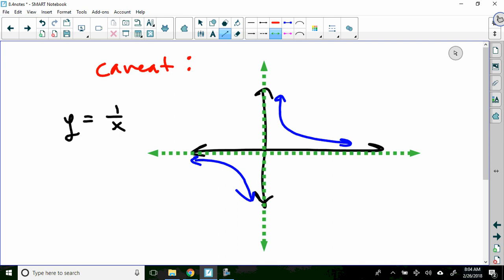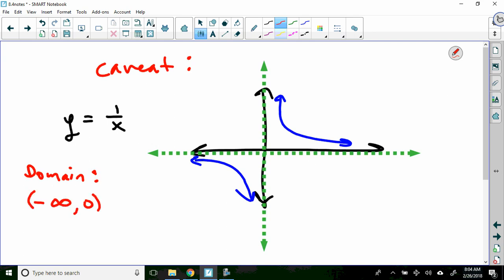It's not important yet what they are. But the deal is, if you think about this, the domain of this is that we go from negative infinity to 0, and then on the other side of that, we pick up again and we go from 0 to infinity. But x can't equal 0. Can somebody explain to me why x can't equal 0?